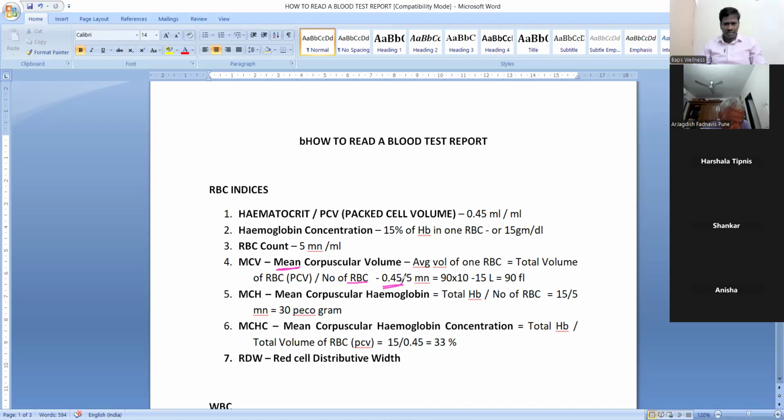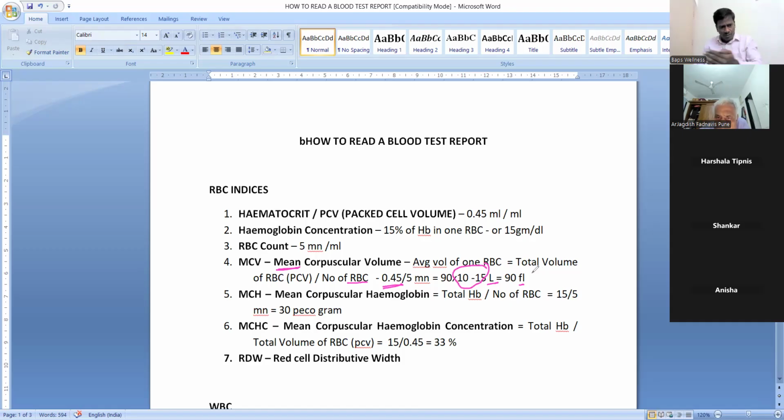That is the count. So 0.45 divided by 5 million is something like 90 into 10 to the power minus 15 liters. Liter-wise, 10 to the power minus 15 is called femtoliter, just like milliliter, deciliter, liter.